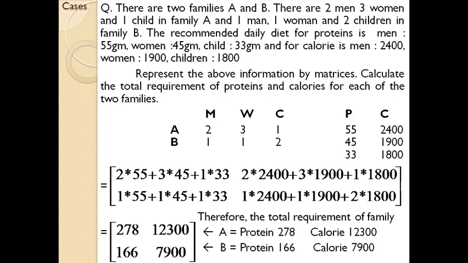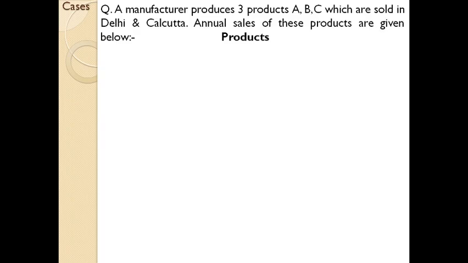Next one. Question. A manufacturer produces three products A, B and C, which are sold in Delhi and Calcutta. Annual sales of these products are given below.